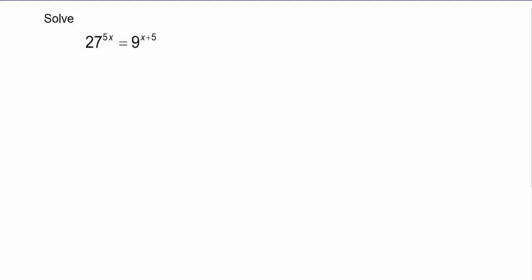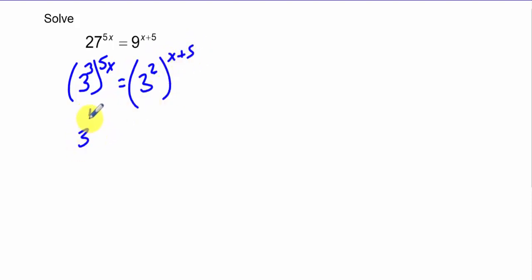And then lastly, again, two terms. My low base can't be 9 here because it could, but I don't know offhand what power of 9 is 27. But what I do know is I can make both these a power of 3. 27 is 3 cubed, and 9 is 3 squared.